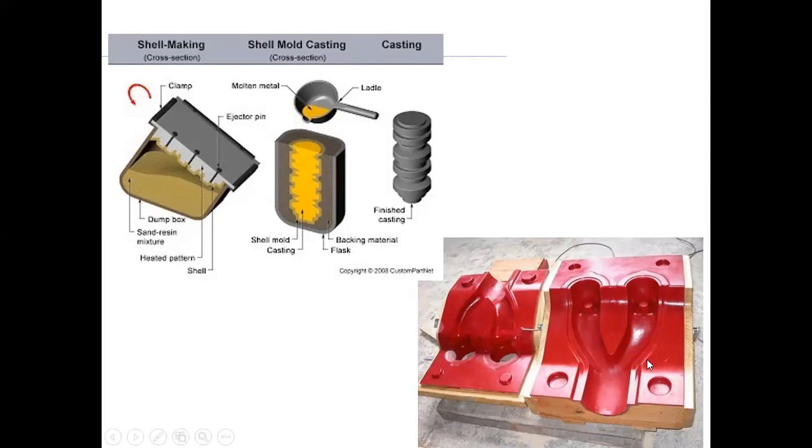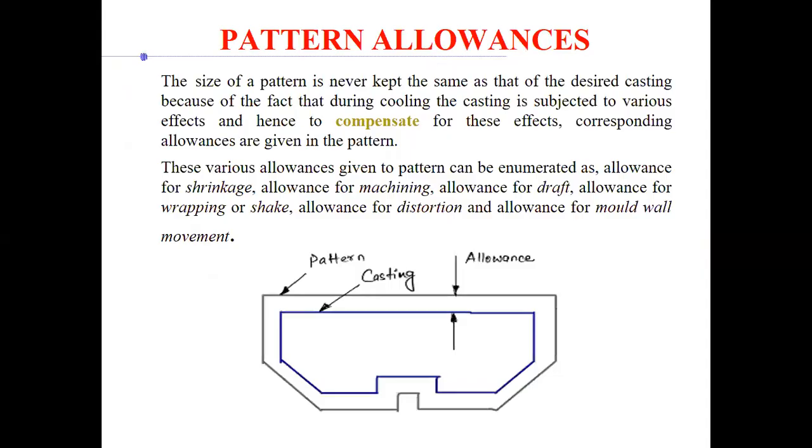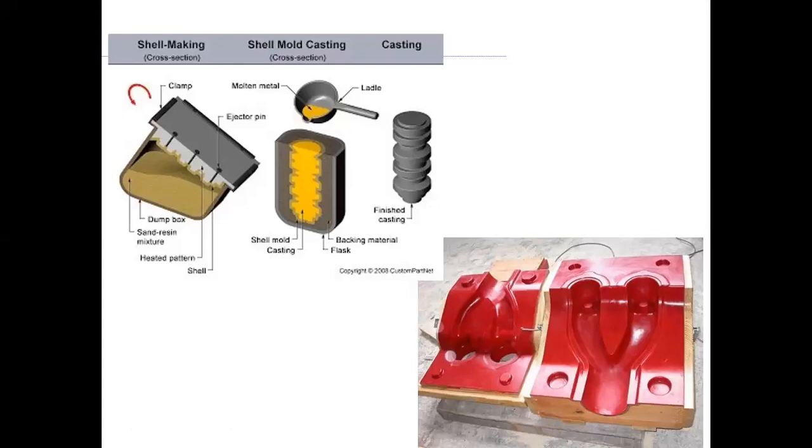Very simple. You see here, these are some examples of this shell mold casting. Now, is that clear? The last topic, the types of patterns we have: match plate, gated pattern, this shell mold pattern, right?